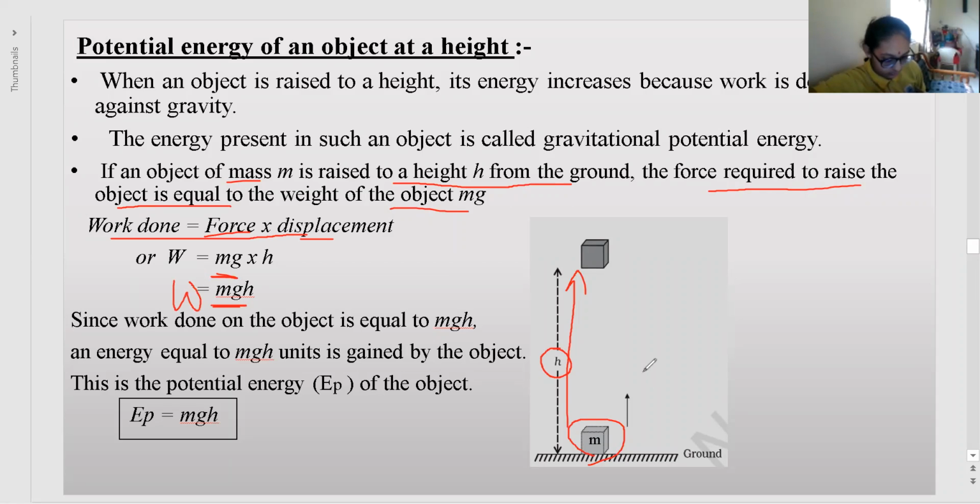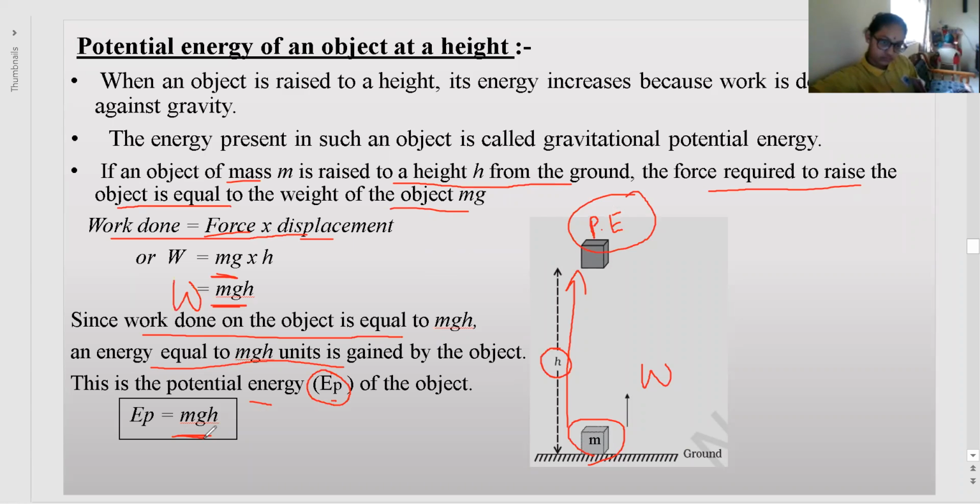Now as we discussed, whatever work is done on the body, the same amount of energy is stored in the body. It means that since the work done on the object is equal to mgh, the energy would also be equal to mgh, and that is why the potential energy, that is E p, E is for energy, p is for potential, you can also write P.E., potential energy, that would be equal to mgh.